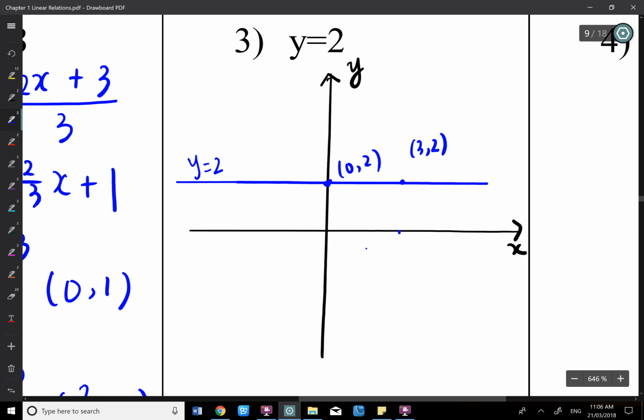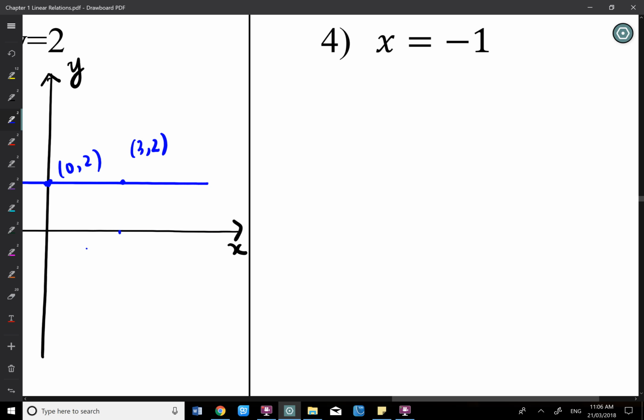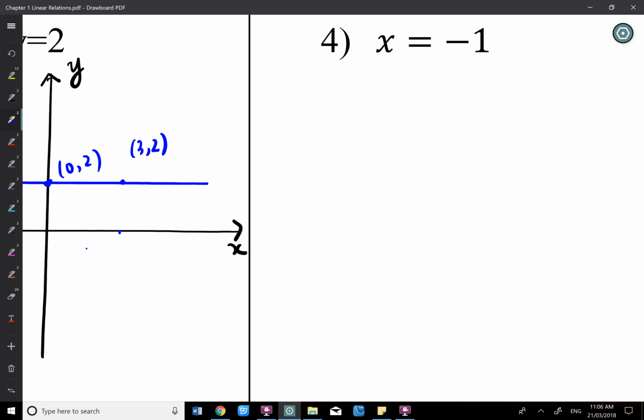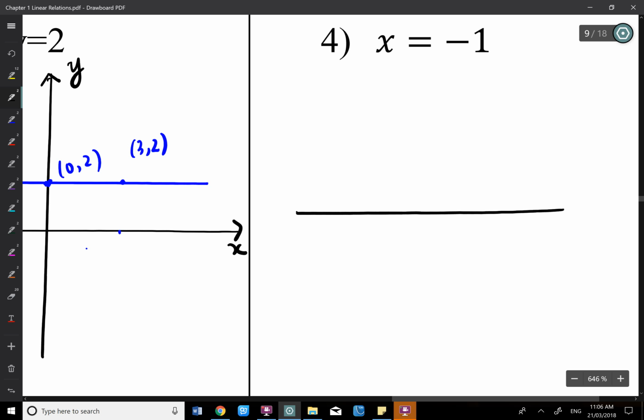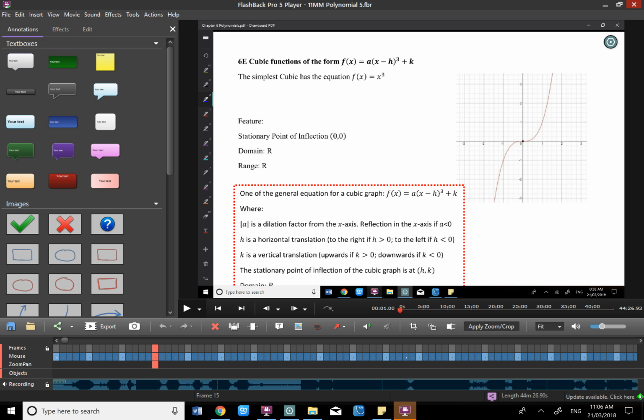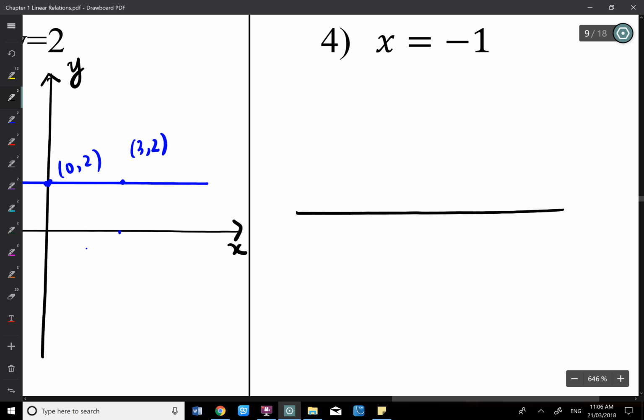All right. 4. Therefore, x equals -1. What kind of graph should it be? A vertical line. What all I need is x equals -1. I don't mind my y value.